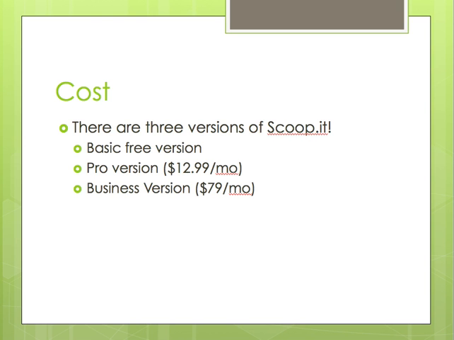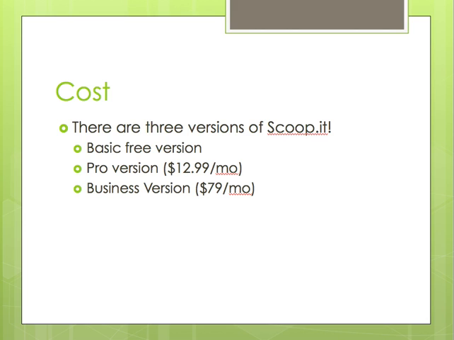I'm going to talk about the cost here for a second. Scoop.it is free. There are two other versions that are at a monthly service fee, that allow you to do a little bit more, but for the most part, individuals will only use the free one simply because it allows them to do what they want to do.